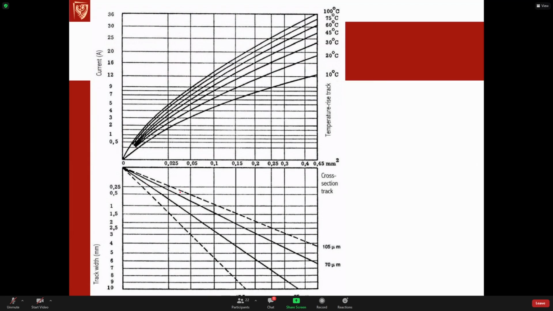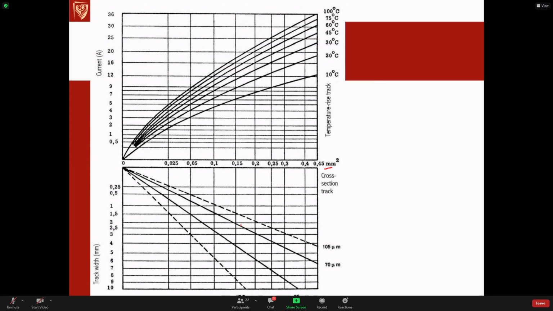Because we have top and bottom charts, and on the top one we have the current against the track cross-section, and the resulting temperature rise at the desired track temperature rise.